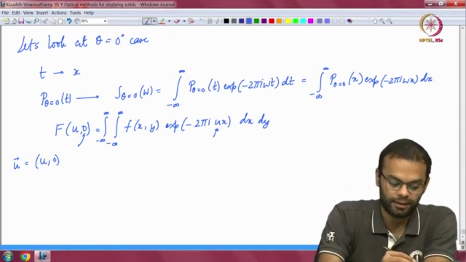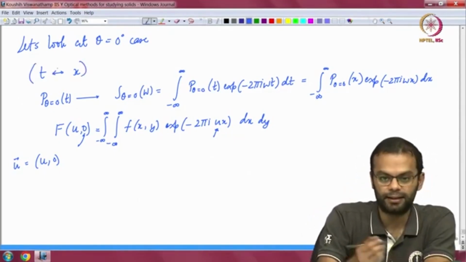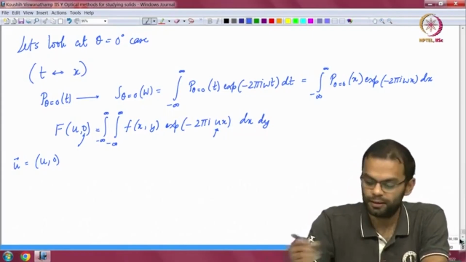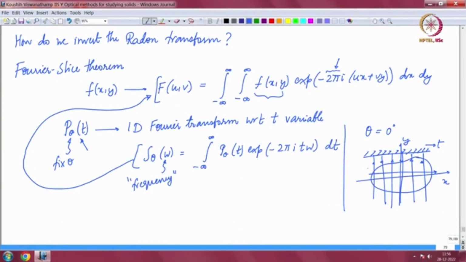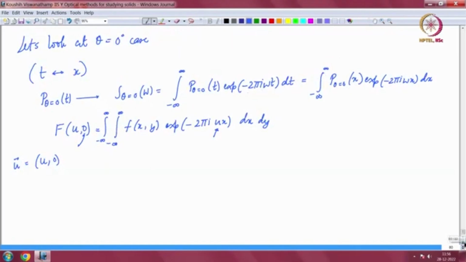just to see if we can relate these two integrals. Okay. Remember, since t was the same as x, and if you look back at that figure we drew over here on the right bottom, s is in the ray direction and t is in the detector direction, right. So, s is basically y, t is x, correct. So, what is p theta equal to 0 of x? It is the integral along y, because s is along y, of f of x y.